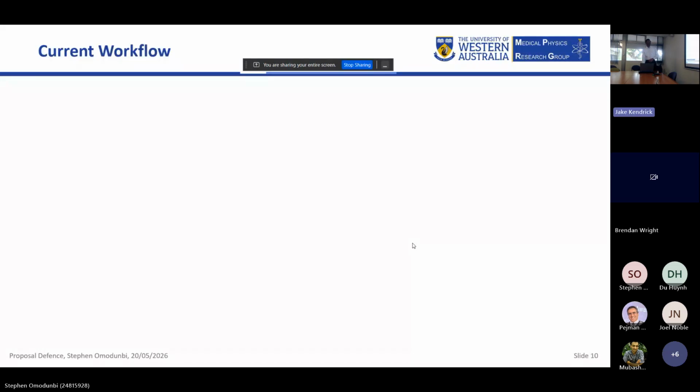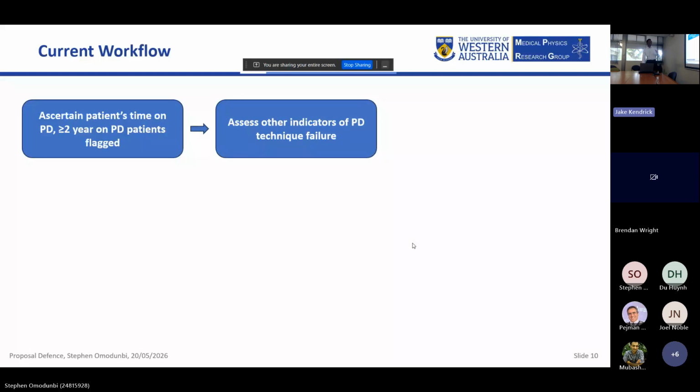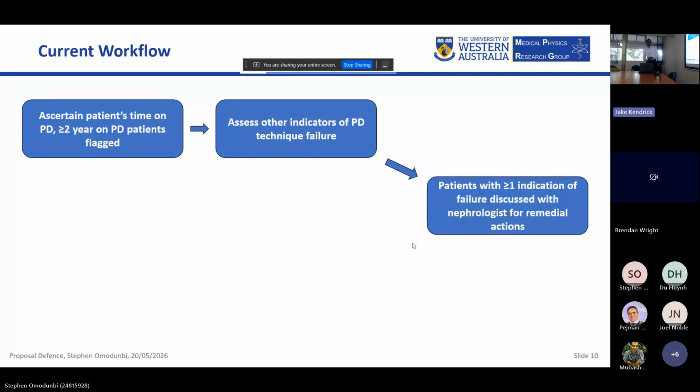The current workflow in nephrology for the transition of PD patients to HD is ascertaining the patient's time on PD and assessing other indicators of PD technique failure. So if the patients have one or more indications of failure, which can be things like peritonitis or other ways of seeing how filtration is inadequate, then this will be discussed with the nephrologist for remedial actions.